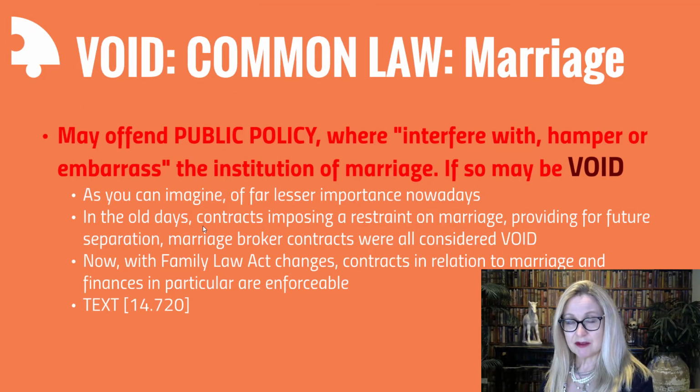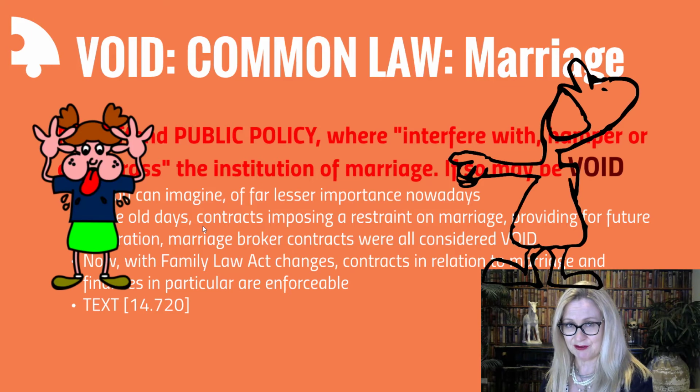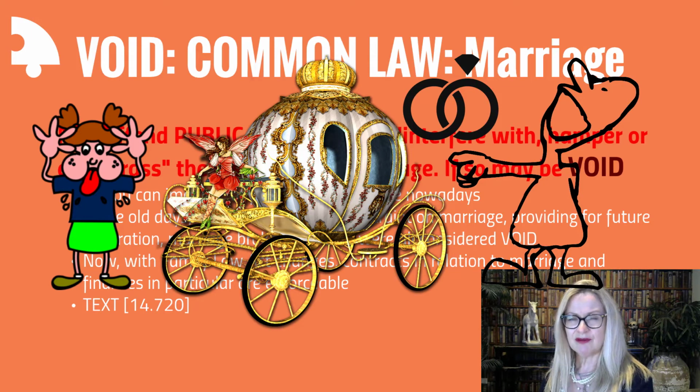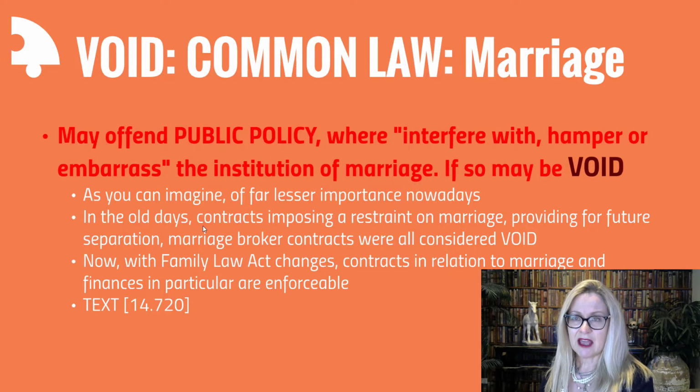Another kind of contract that might be void at common law is a contract that purports to interfere with, hamper or embarrass the institution of marriage. Of lesser importance nowadays, but in days of yore, this category of offensive contracts was more important.